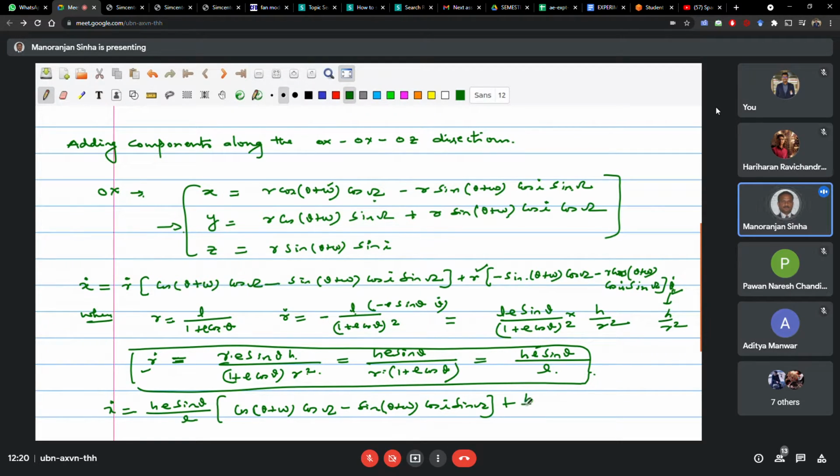So here we can write it h by r sin(theta plus omega) capital omega. This is the expression. The same way expressions for y and z can be obtained, y dot and z dot.